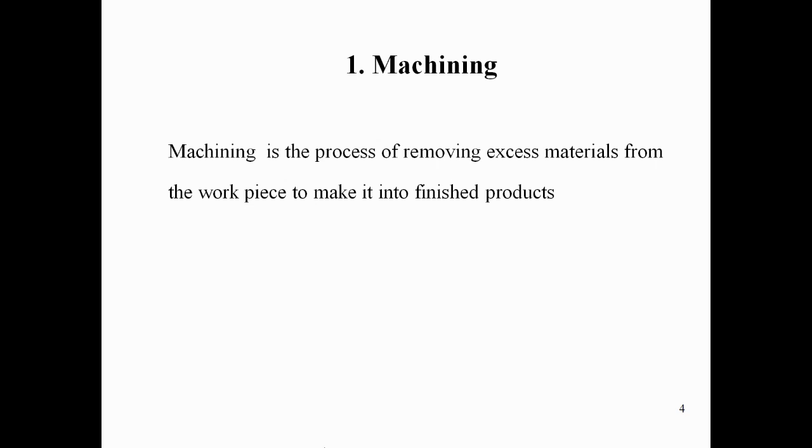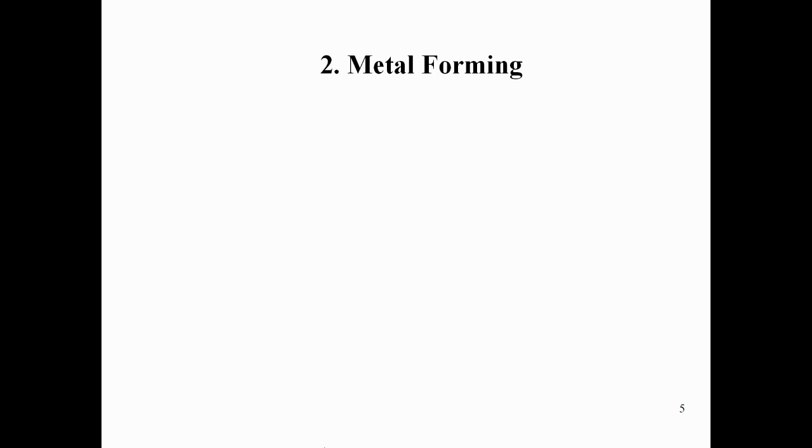By using some machines, we are performing different operations, removing the excess material from the given workpiece to make it into a finished product. For example, shafts, bolts, nuts, etc. All these are performed on machines. So this process is known as machining.